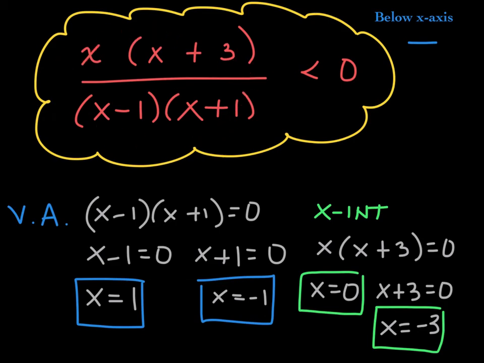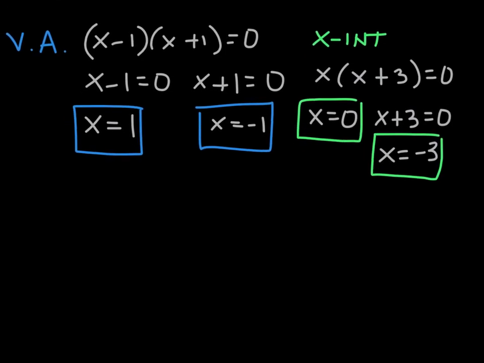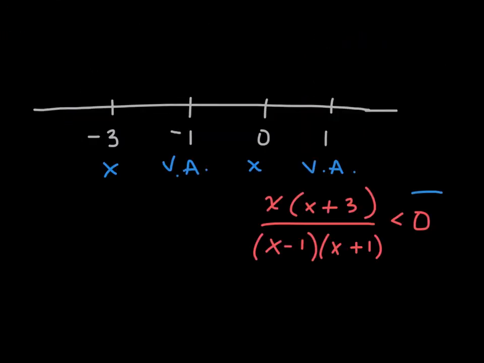All right, here we go. Here is my x-axis. All right, everybody, here's my x-axis, and I have my important points here. A lot of times we call these critical values or critical points. Just a reminder here, this is an x-intercept, this is an x-intercept, and then -1 is a vertical asymptote, +1 is a vertical asymptote.